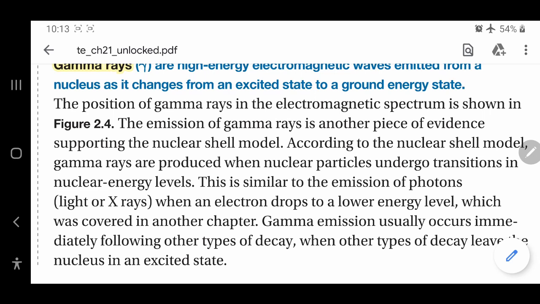According to the nuclear shell model, gamma rays are produced when nuclear particles undergo a transition in nuclear energy level. This is similar to the emission of photons when electrons drop to a lower energy level. Gamma emission usually occurs immediately following another type of decay.